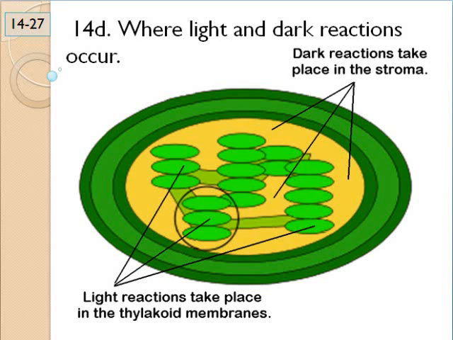So the water is split by these thylakoids, and the oxygen leaves for me to use, and the hydrogen goes out here for the dark reactions to use. So there's your two-step process. Step one occurs in these green structures, in this granum, actually in the thylakoid of the granum.